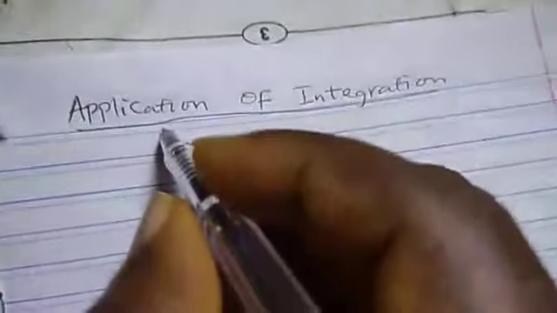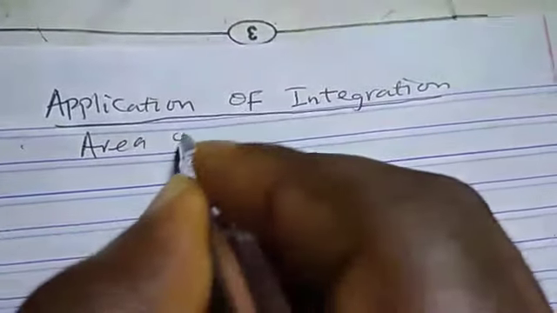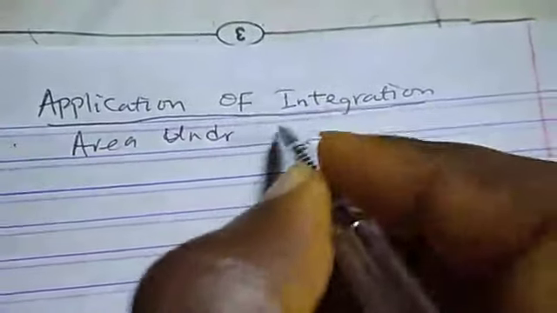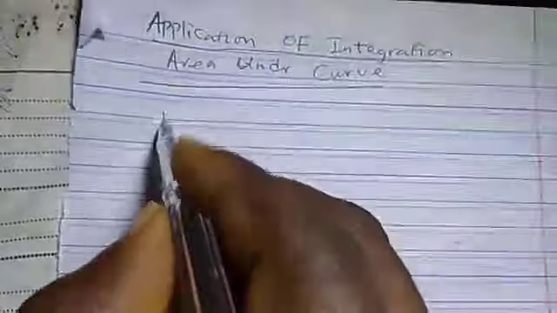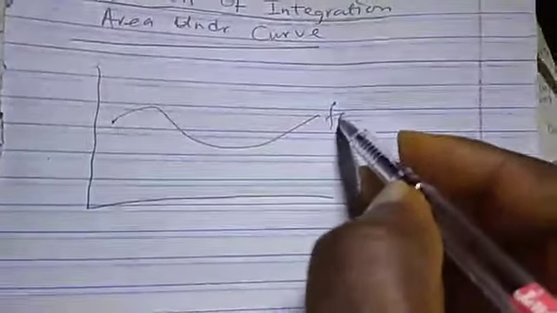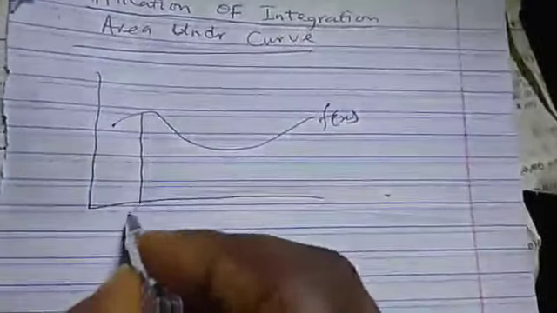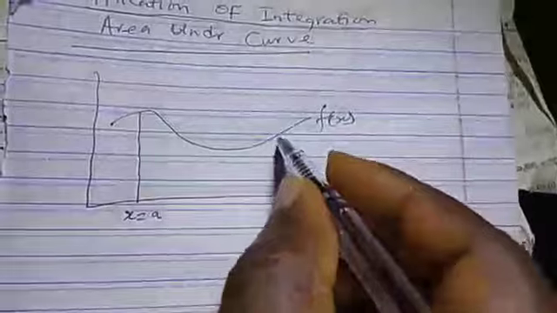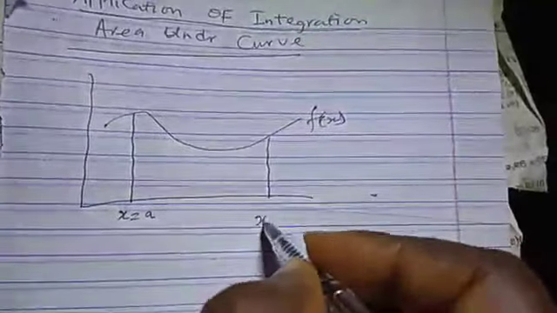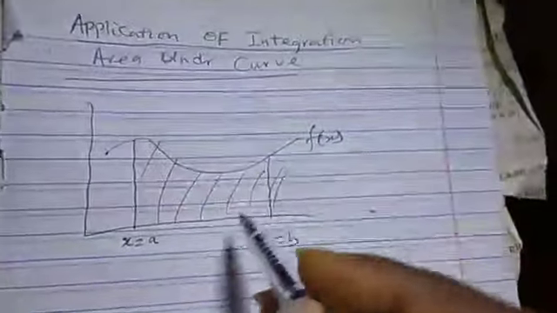Now considering application of integration. Firstly, we'll talk about area under curve. If you consider this graph, let's say this is a graph f of x. If you have point x here, which is a, and we have another point x here, which is b, can we find the area of this shaded region?